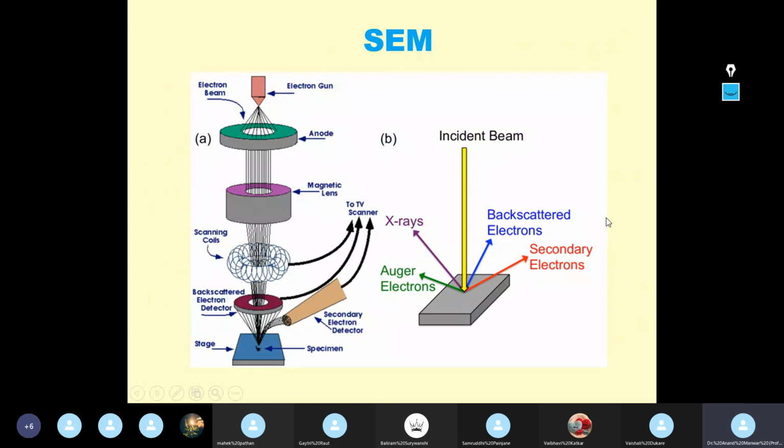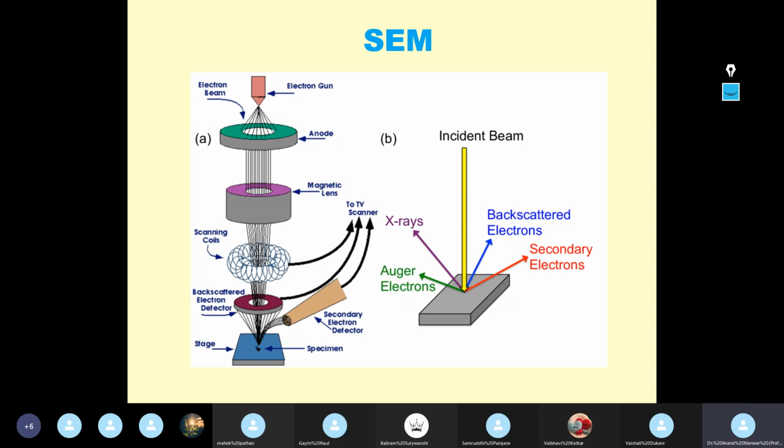Now this is the final picture, you can say, of how things work. See, the electron beam generated by the electron gun passes through an anode which has a minute aperture through which the beam will be targeted towards the magnetic lens.